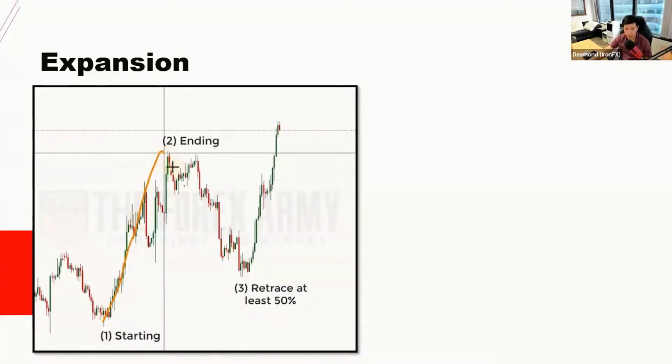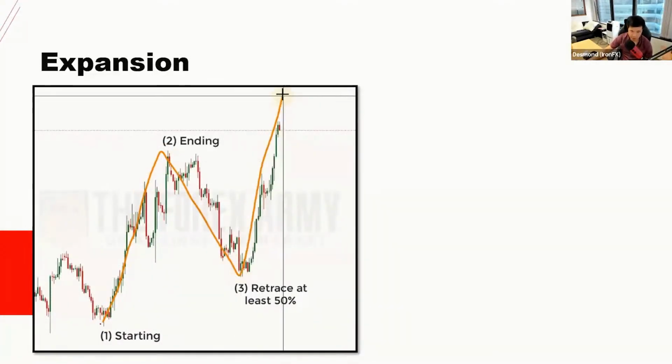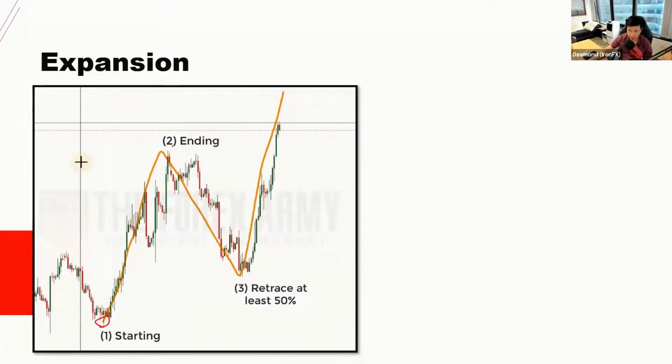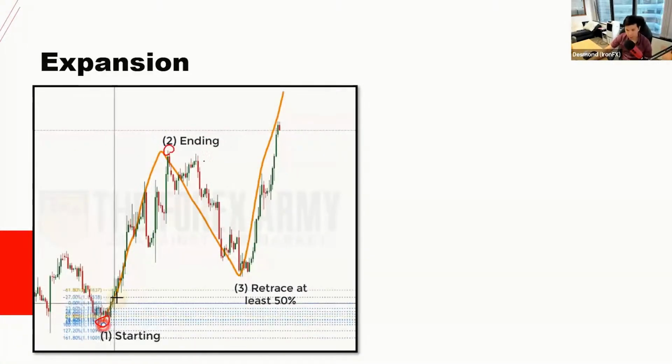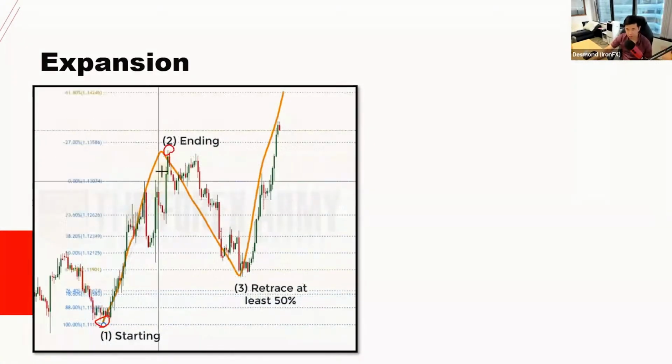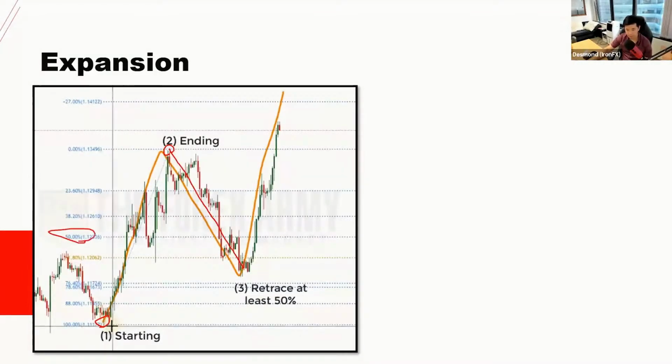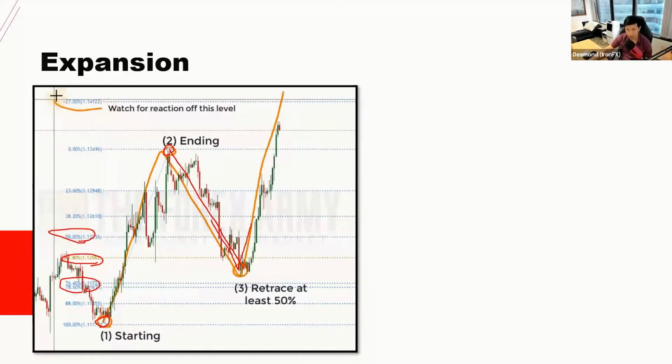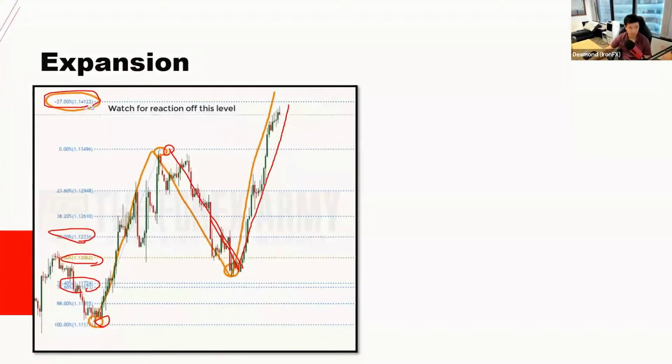Now let's talk about Fibonacci expansion. It kind of looks like the same thing, but you only have one starting point and one ending point. Price must minimally retrace at least 50%. So if it retraces to 61 or 78, it's fine. What then happens is that you forecast price to go up and reverse off the negative 27% level.